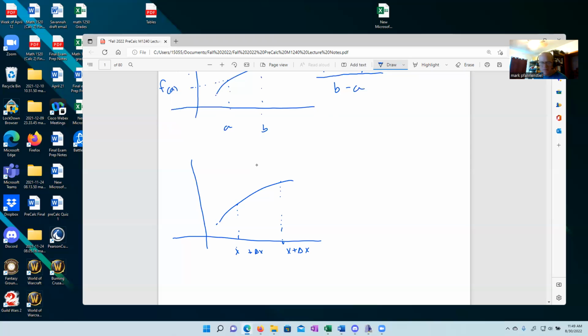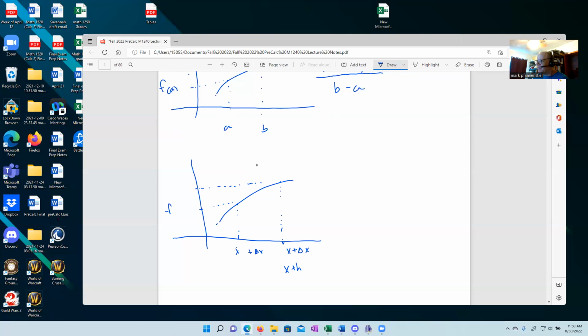Now, if you have a math book written before I was born, they're going to use delta x's. If it's anywhere after I was born, they stopped using delta x's and went with h's. So anything written from about 1970 onward uses h. So this is x plus h rather than x plus delta x. I don't know why they changed it, but that's what they did.